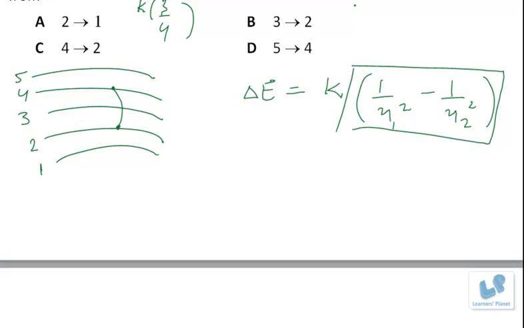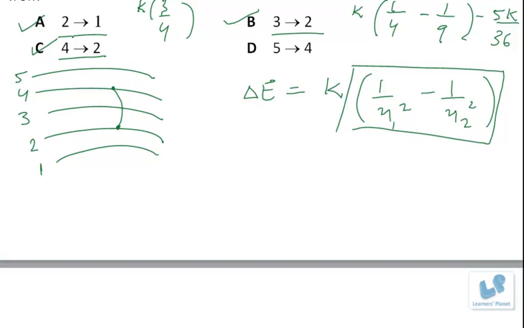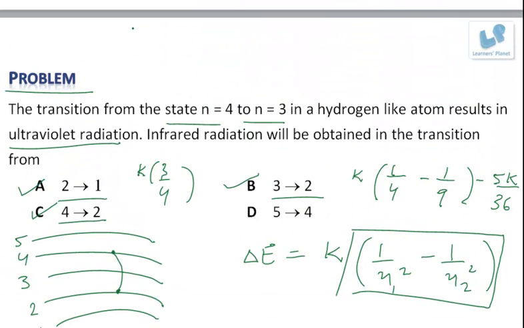This will be k times 1 by 4 minus 1 by 9, which is equal to 5k by 36. So in A, B and C, the energy that is released is more than the energy which is released in this case, 4 to 3.